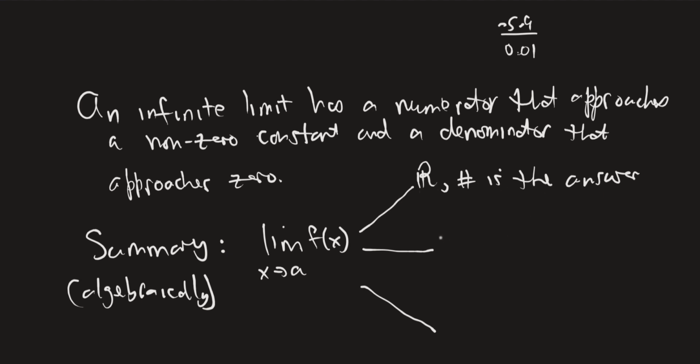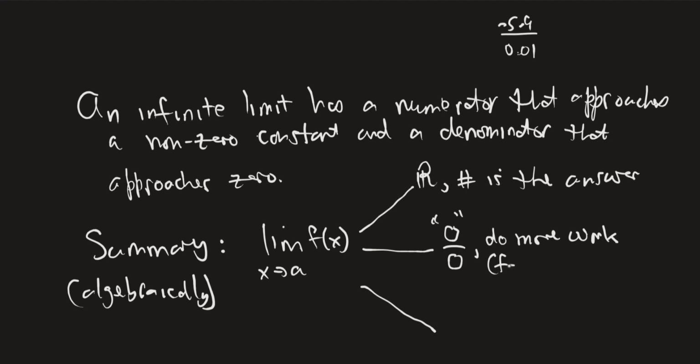If you end up with a rational or some kind of fraction where you have a 0 in the numerator and a 0 in the denominator, then what you have to do is essentially do more work. And what do we mean by that?